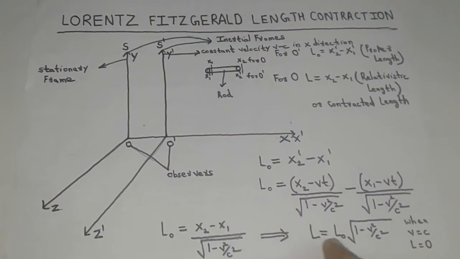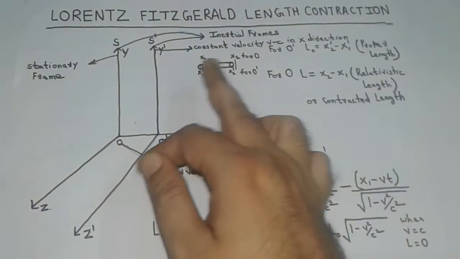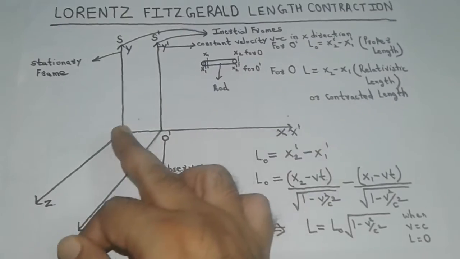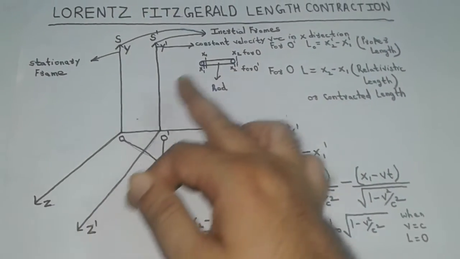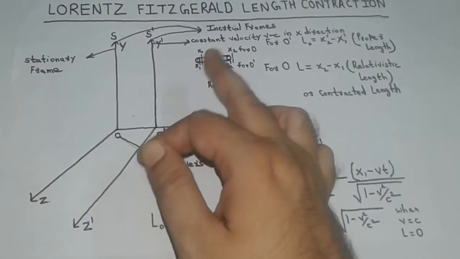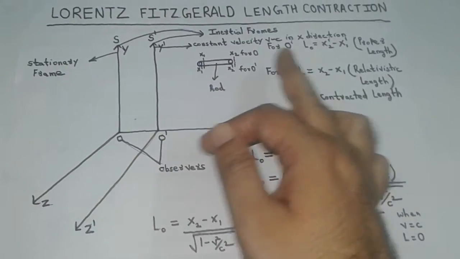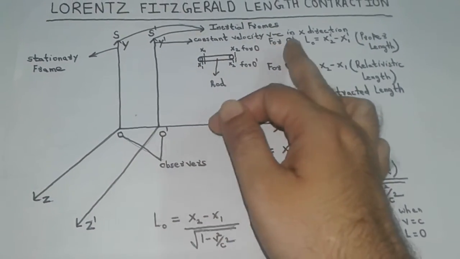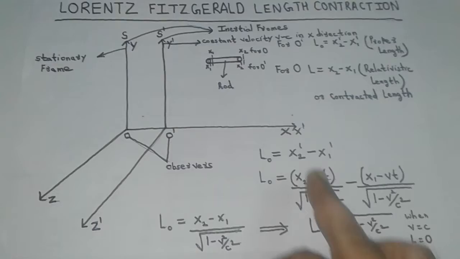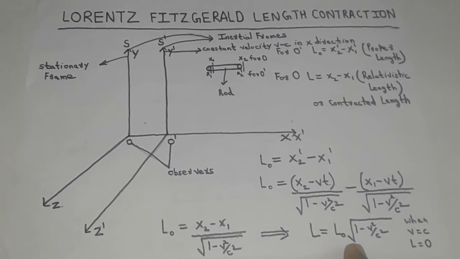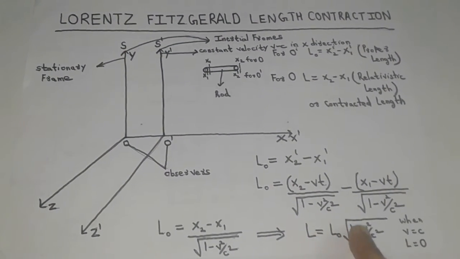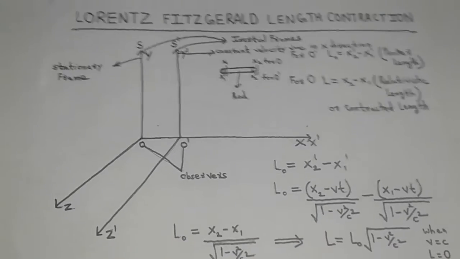Hence from the formula it is evident that the length of the rod recorded by an observer which is in relative motion with respect to the rod, when the rod is moving with very high velocity comparable to the velocity of light, appears to be contracted by a factor under root 1 minus v square by c square.